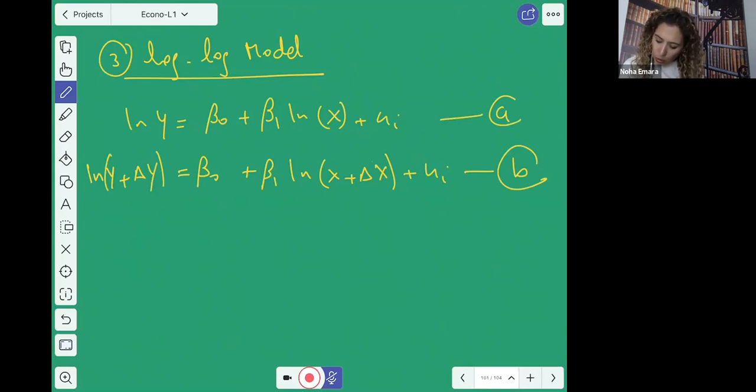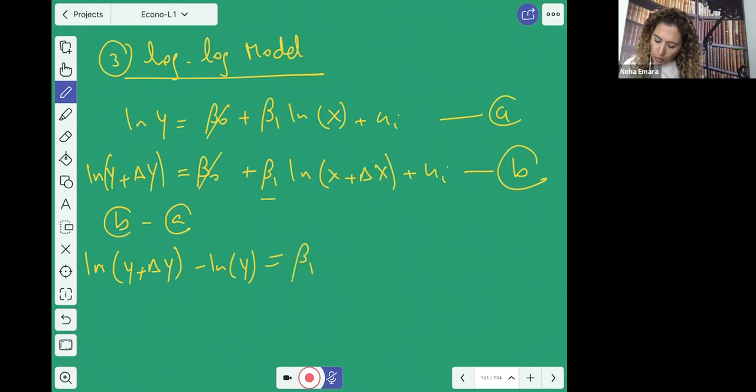So the change in y would be B minus A. So I'm gonna have on this side the log y plus the change in y minus the log of y equal, these two would cancel, right? I have a common factor, beta 1. Then I have this big bracket of log x plus the change in x minus log x, and the error term is going to cancel.